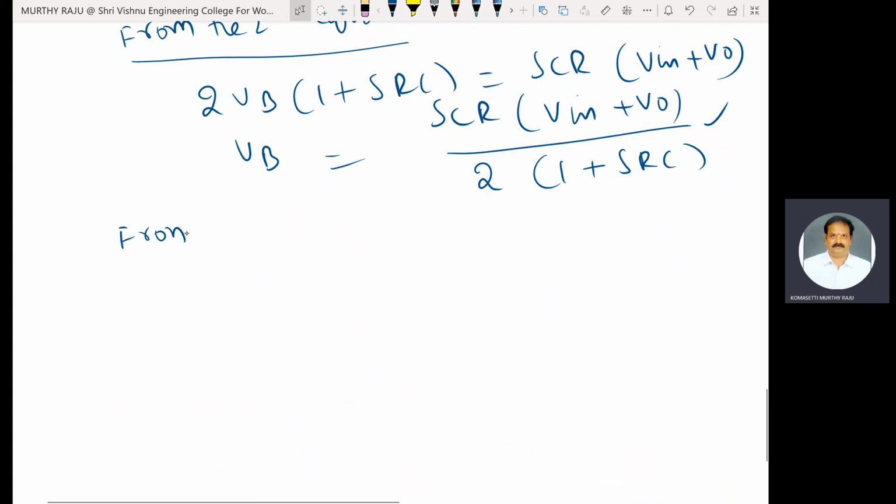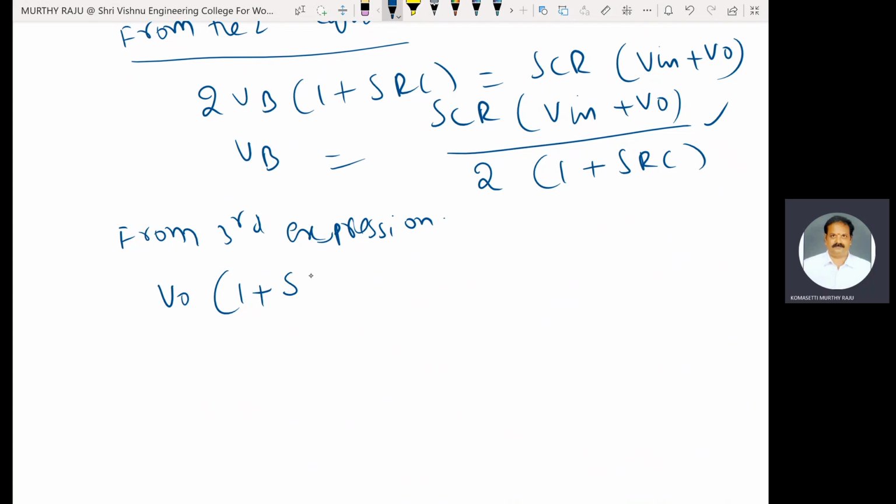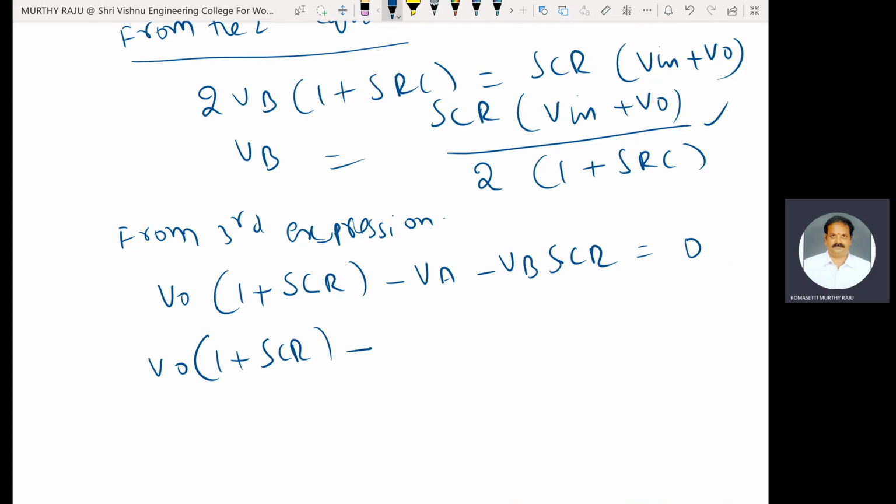From the third expression, V0 into 1 plus SCR minus VA minus VB SCR is equal to 0. V0 into 1 plus SCR minus VA.